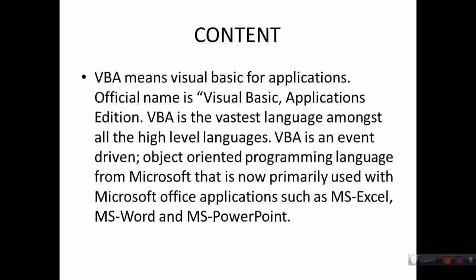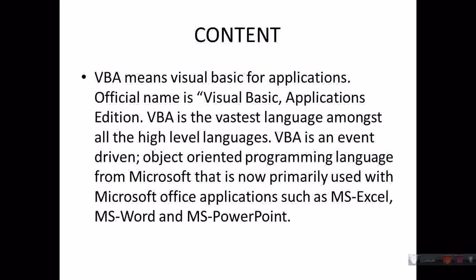VBA means Visual Basic for Applications. Official name is Visual Basic Applications Edition. VBA is the vastest language amongst all high-level languages. VBA is an event-driven, object-oriented programming language from Microsoft that is now primarily used with Microsoft applications such as MS Excel, MS Word, and PowerPoint.